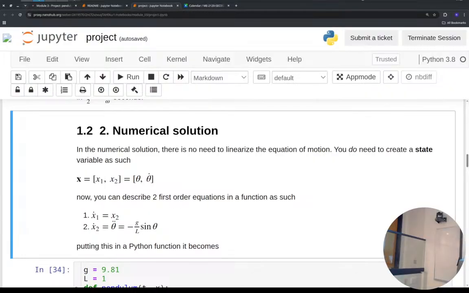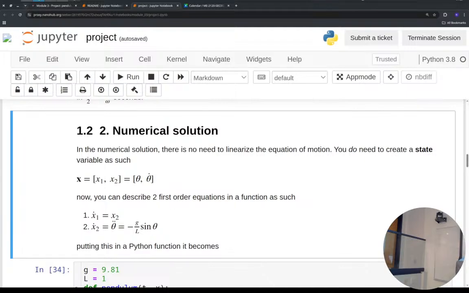So I have two variables that describe where this thing is and how fast it's moving, theta and theta dot. And if I know both of those, then I know the acceleration of this thing. My initial value is always some theta and theta dot.